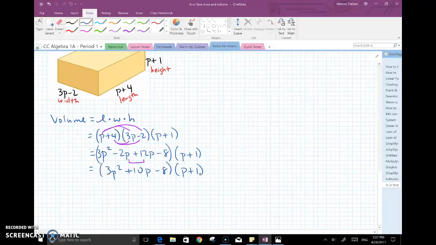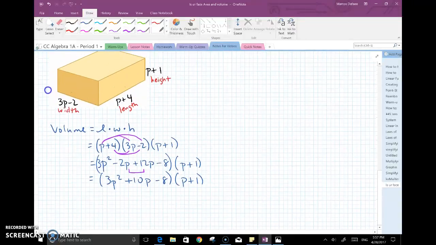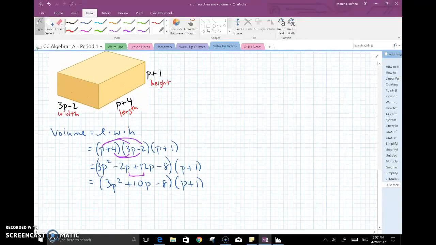Now the way to multiply a trinomial to a binomial is pretty much the same way that you multiply binomial to binomial. You can use three methods like I mentioned again, the box method, stacking method. The distributive method, also known as the FOIL method, would work just fine here as well. So I'll go ahead and do it that way since that's how I started. So this would be p multiplied with 3p to the second power.